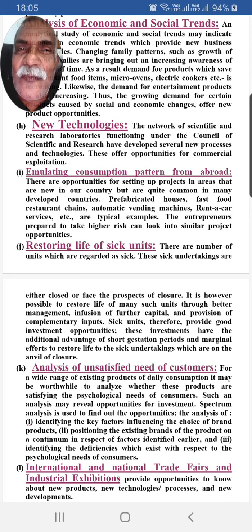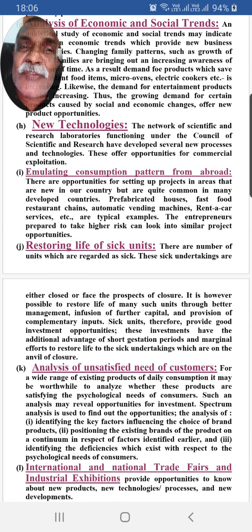So, several new processes and technologies are increasing day by day, and this new technology is offering new opportunities for commercial exploitation. So we can invest our money in these areas.